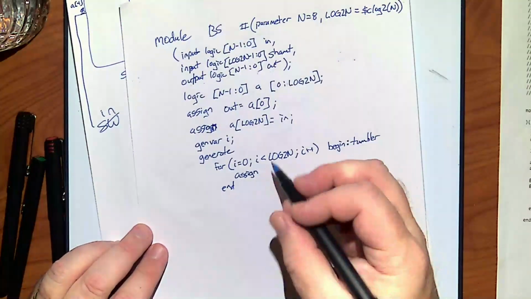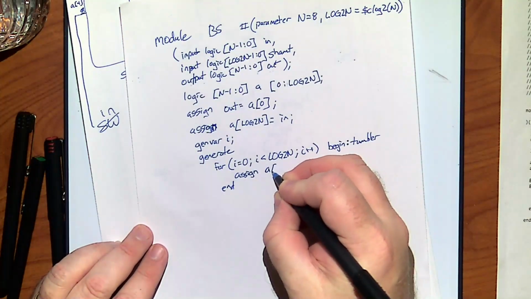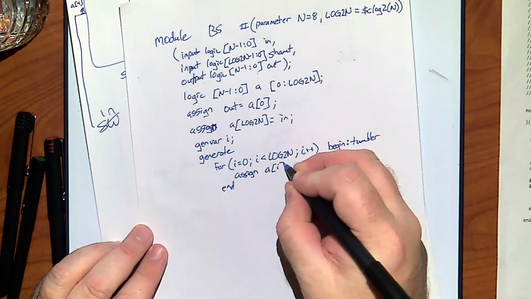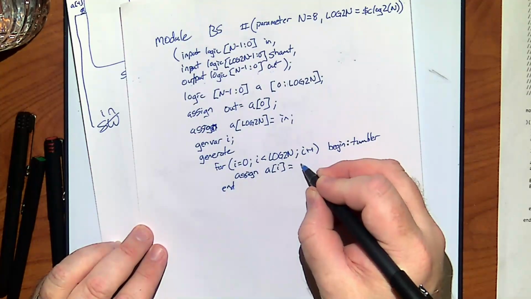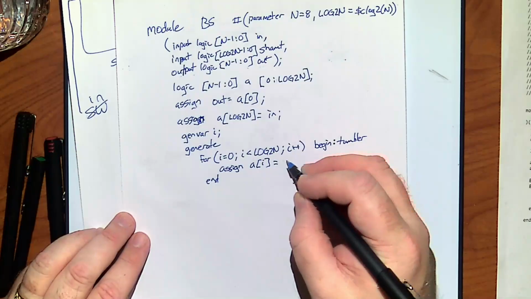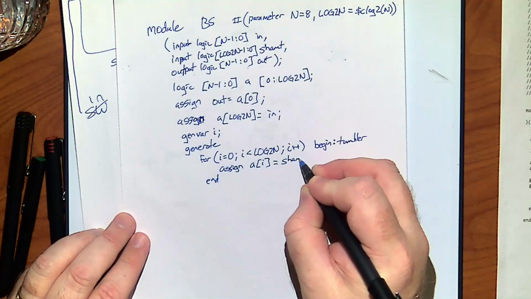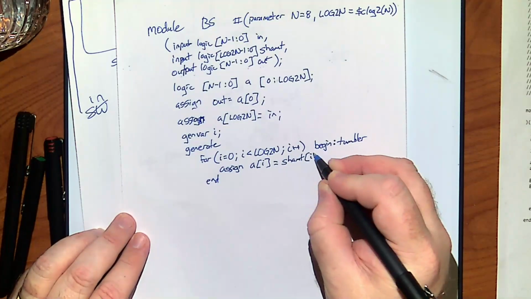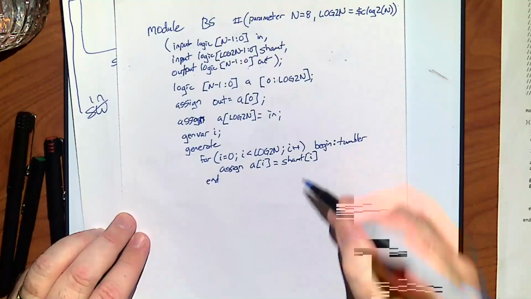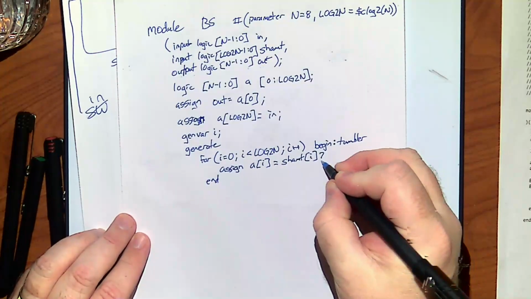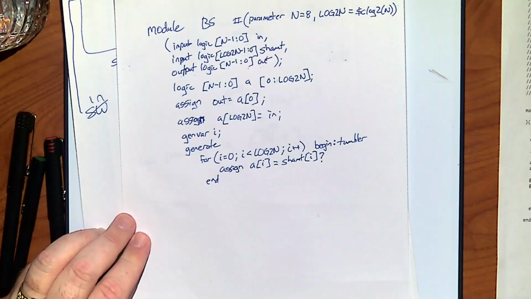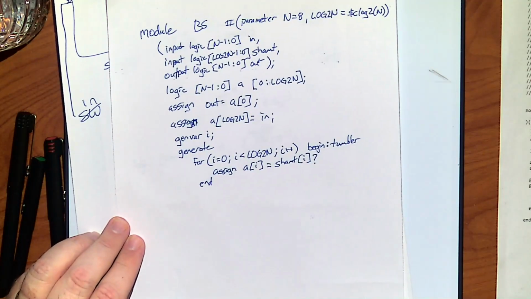So I'm going to say assign, in this case, a sub i, the lower index, is going to be equal to, now I need my ternary operator. The shift amount i will tell me for the particular index, should I shift it or not? Ternary operator, was this true or false? If it's true, I should do the shift.